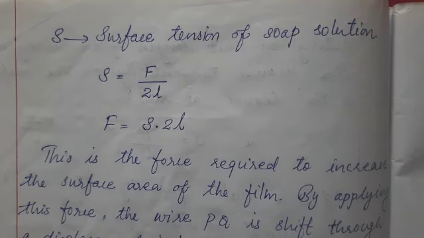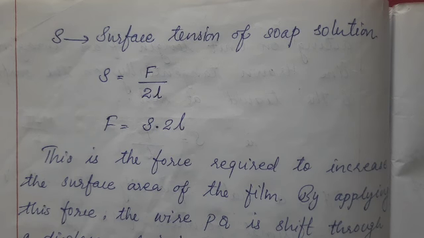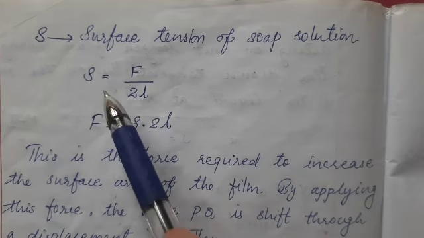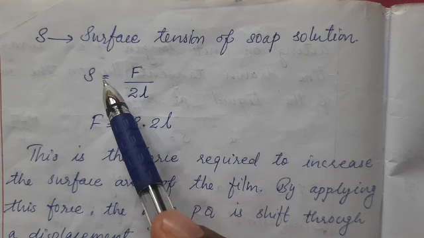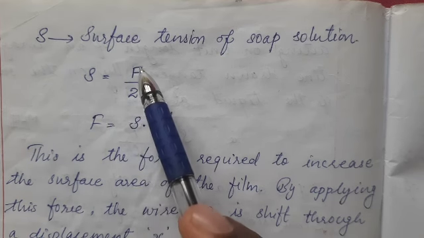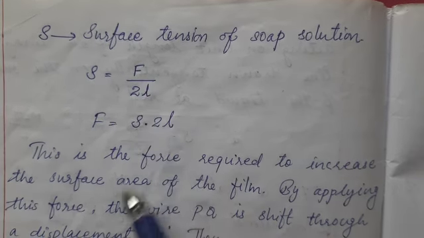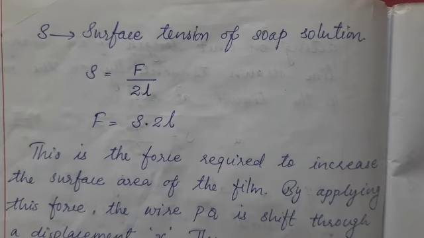Now suppose S stands for the surface tension of the soap solution. As per the definition, surface tension is force per unit length, F by L, which we took in the previous case.